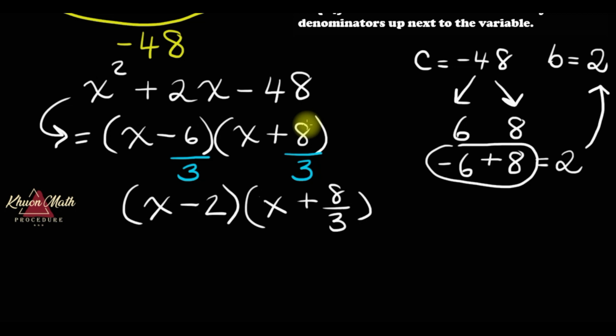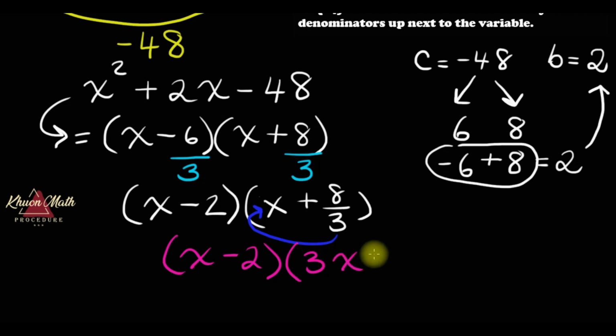Now here, with the 8 over 3, we're going to move the 3 with the variable. So what do we have? We have our final answer here. We have x minus 2, and then here, when we move the 3 with the x, we have 3x plus 8.